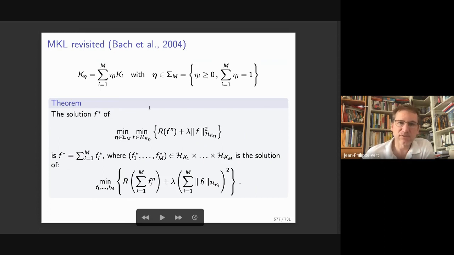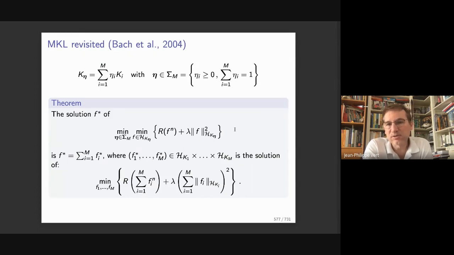that basically starts from the formulation of MKL. So what I've explained so far is that MKL is a minimization over the weights and over the functions of the standard objective function of kernel methods. And what I did not say yet, but what's written here, is how you can reinterpret that in terms of RKHS and regularization, right? When you minimize over both the kernel and the functions, can you explain it as a single optimization problem over functions?